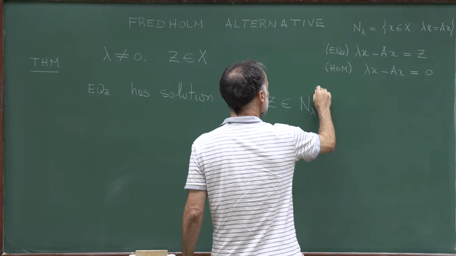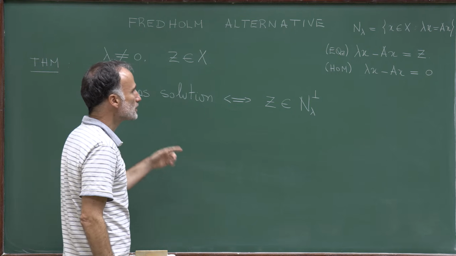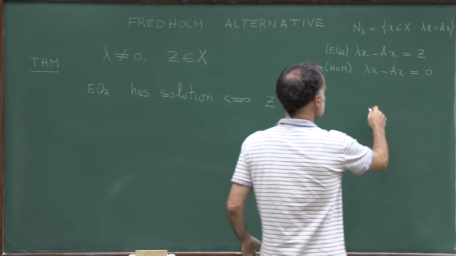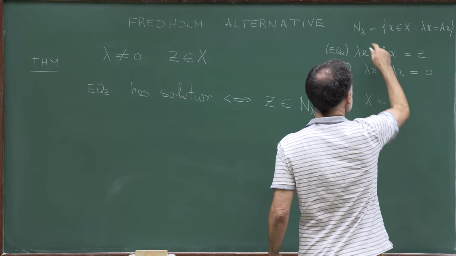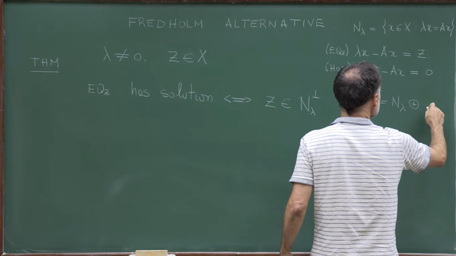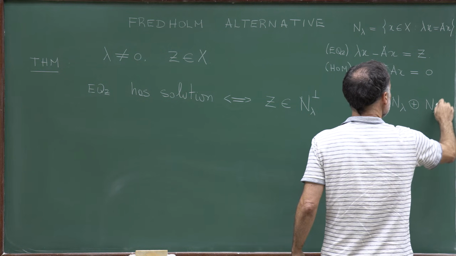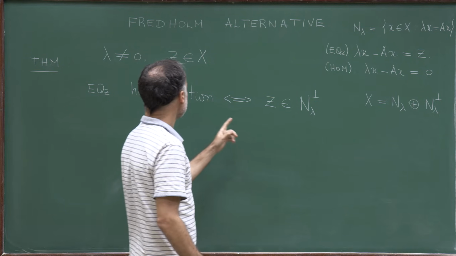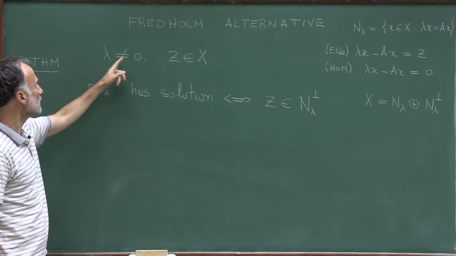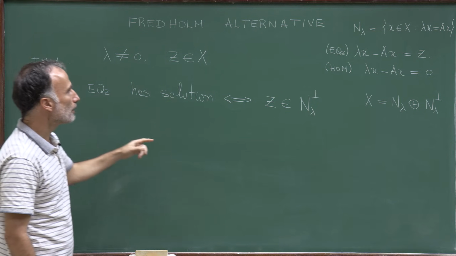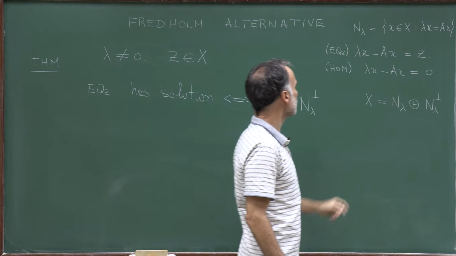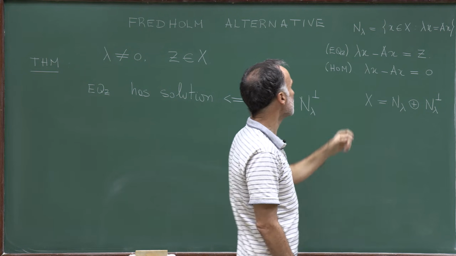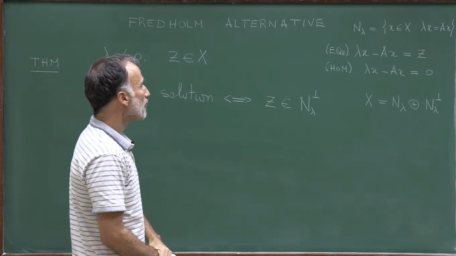So N(lambda) perp. Remember, X is a Hilbert space, so X can be represented as this space plus its orthogonal, because N(lambda), as we have seen, is a closed linear subspace of X. And so what this theorem is telling you is that if lambda is different from 0, then this equation for a fixed z has a solution if and only if z belongs to the orthogonal space of N(lambda).